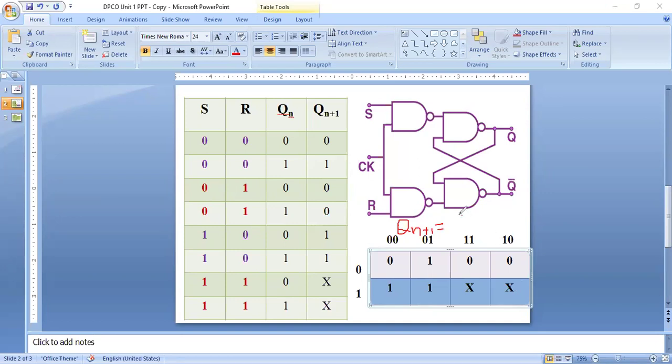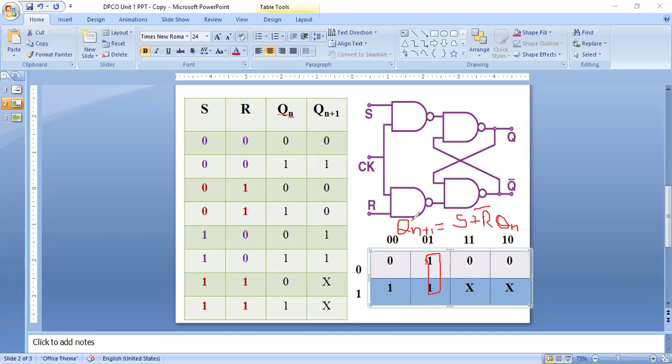This will be S, plus the next grouping. For the next grouping, only these two 1s can be grouped. The value for this is not S. Here, since there is 0, R bar, and since there is 1, Qn. So this is the characteristic equation for the SR flip-flop. Qn plus 1 equal to S plus R bar Qn.